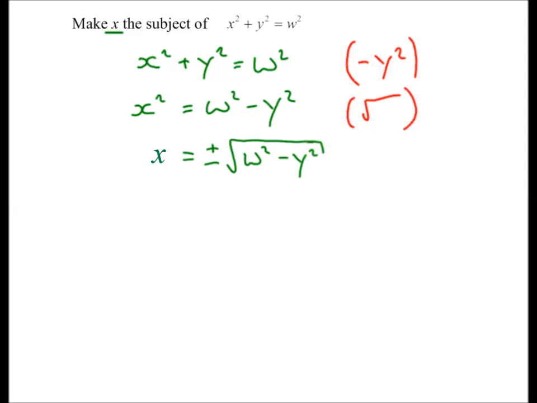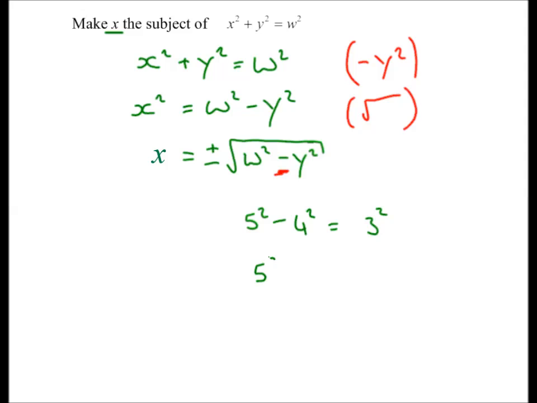Now, here's something to think about. Can I simplify this? There's something very instinctive where we go, I've got squareds under a square root, and I've got a square root there, but I have this minus, and it's like Pythagoras. I know that if I had 5 squared minus 4 squared, that is equal to 3 squared.